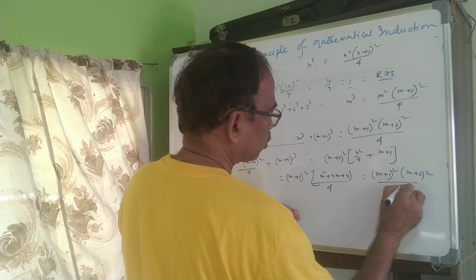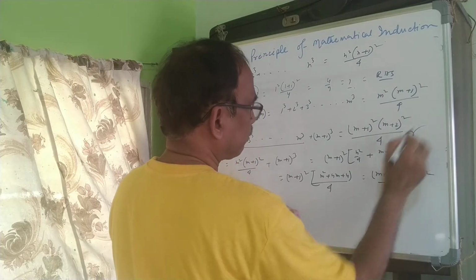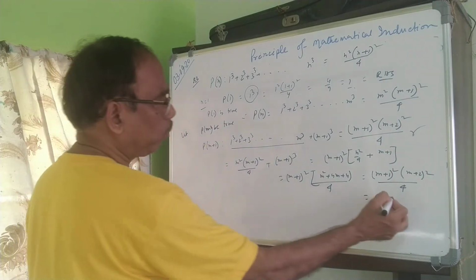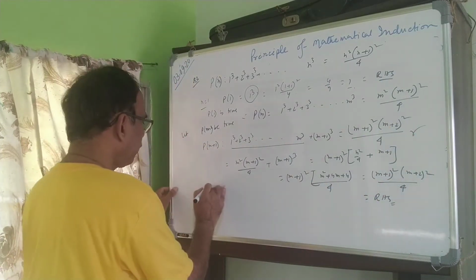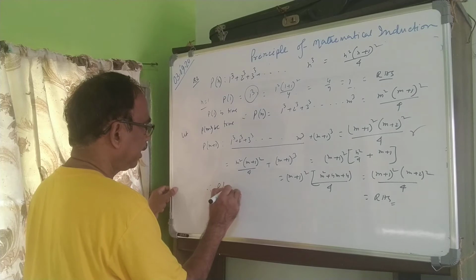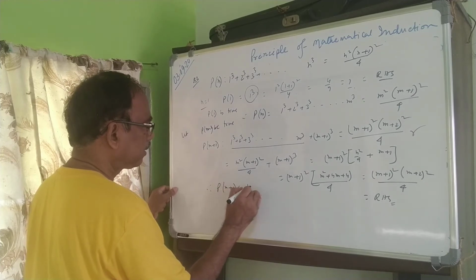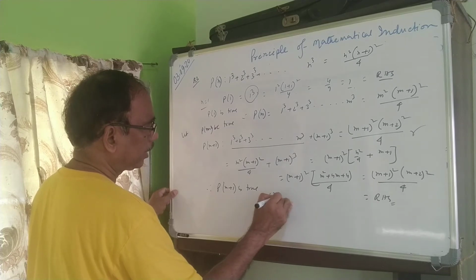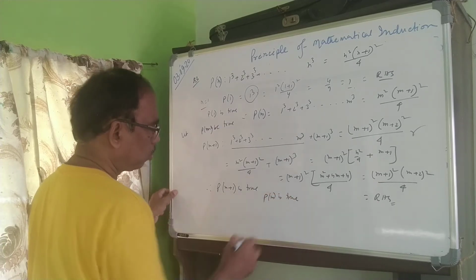That we got equals the right hand side. Pm plus 1 value we got is the right hand side, therefore Pm plus 1 is true. Then Pn is true.